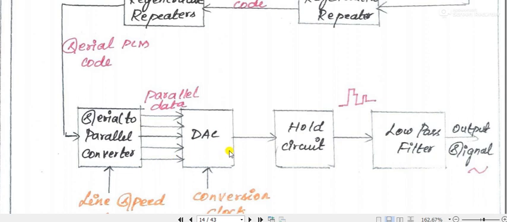The digital to analog converter converts the parallel PCM codes to a multi-level PAM signal, and the hold circuit is basically a low-pass filter that converts the PAM signal to its original analog form. A simple thing here: we have converted the analog signal into PAM. In the receiver, the PAM is again converted into the analog signal.